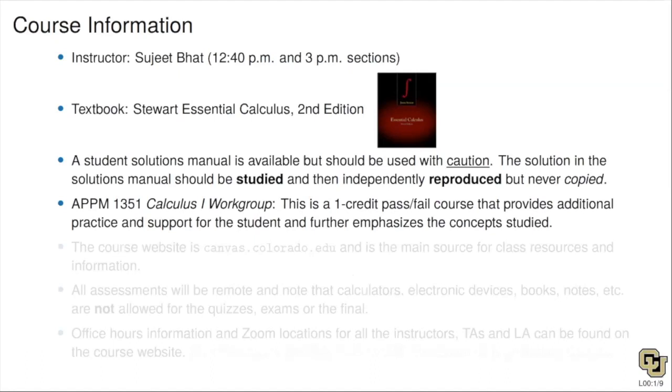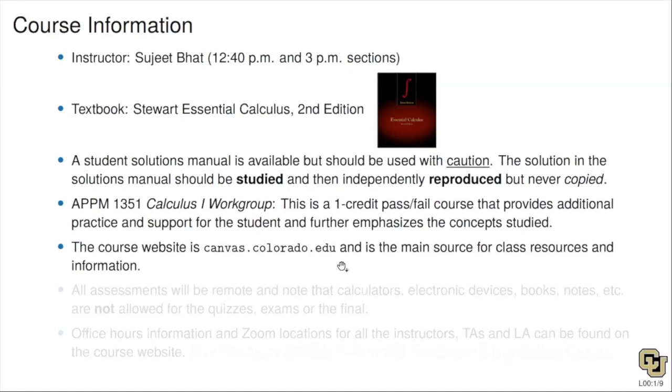It's just optional, in case you feel like, I could use a little more support, I could use a little more practice. The Calc 1 work group is definitely an opportunity for that. The problems they do are a little harder than usual, and that's also good for learning. The more we can challenge ourselves, the better that is ultimately in the long run.